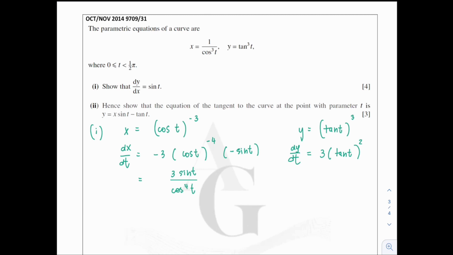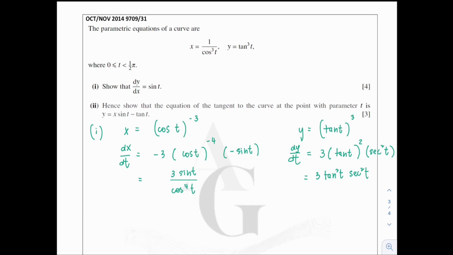Differentiating the one inside the bracket, tan t, we get sec squared t. So dy/dt is equal to 3 tan squared t sec squared t.